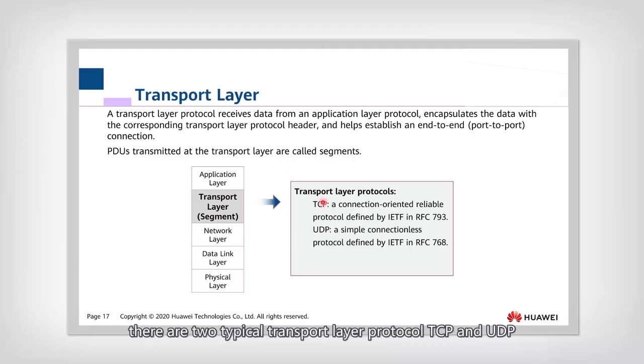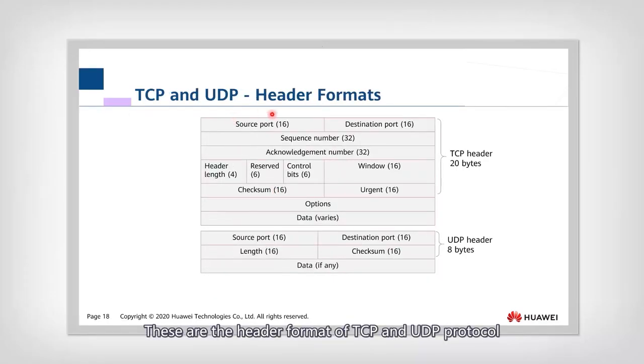There are two typical transport layer protocols, TCP and UDP. TCP provides a reliable transfer protocol, and UDP provides a connectionless, unreliable protocol. These are the header formats of the TCP and UDP protocols. Because TCP provides many more functions, its header includes more fields.